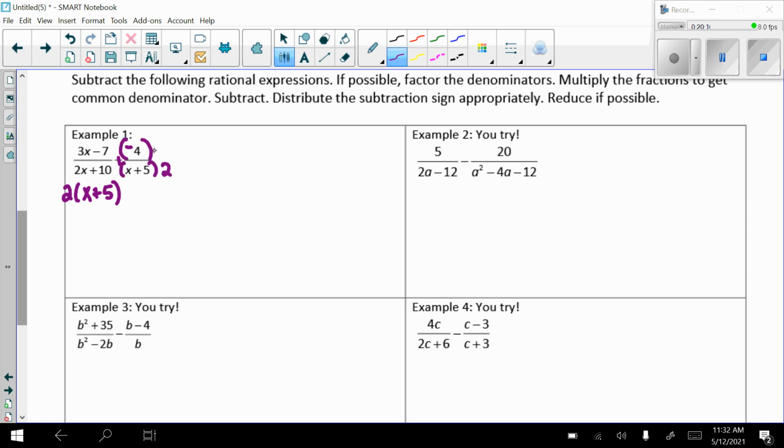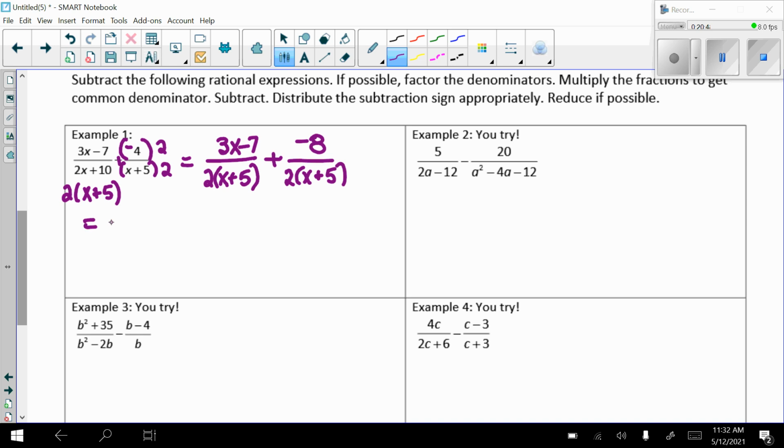So we're going to multiply the numerator and denominator by 2. What we get, I'm going to leave the 3x minus 7 over 2 times x plus 5. That's really untouched other than the factoring. But then we have, and I have a plus here, negative 8 over 2 times x plus 5. And again, I'm not going to do anything with that. I'm just going to leave it.